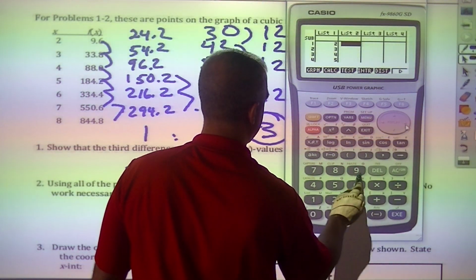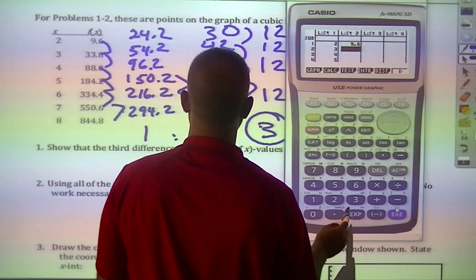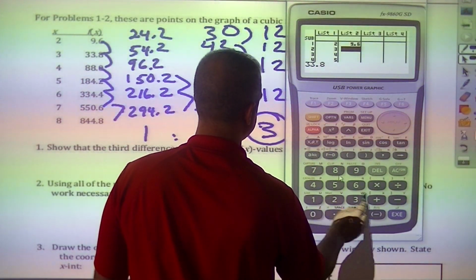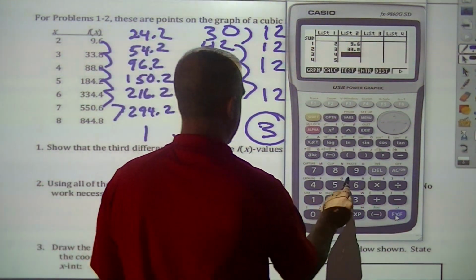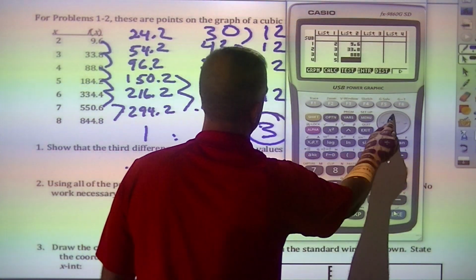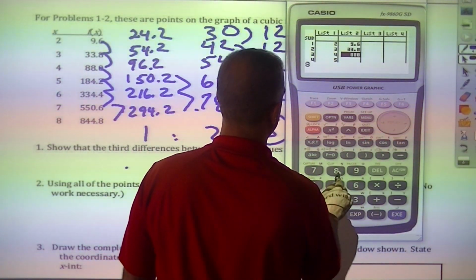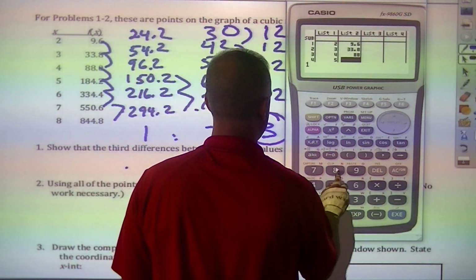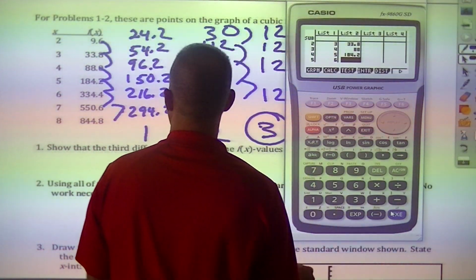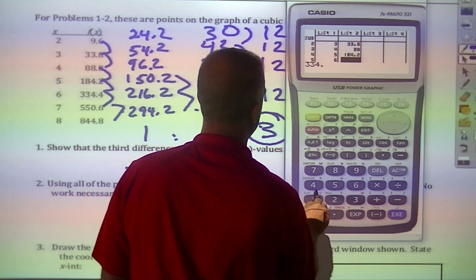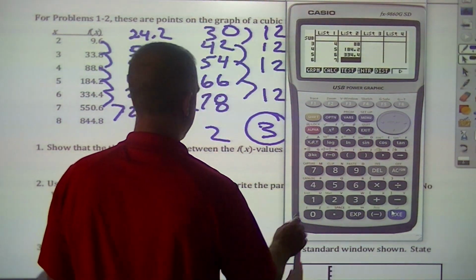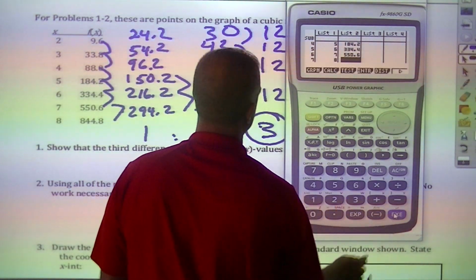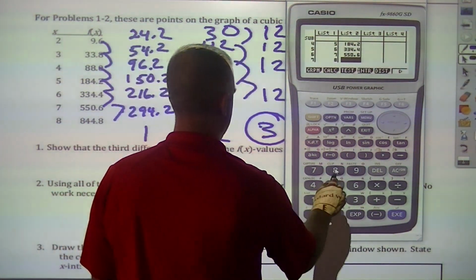Okay, and then the y value is 9.6, 33.8, 88, 184.2, 334.4, 550.6, 844.8.